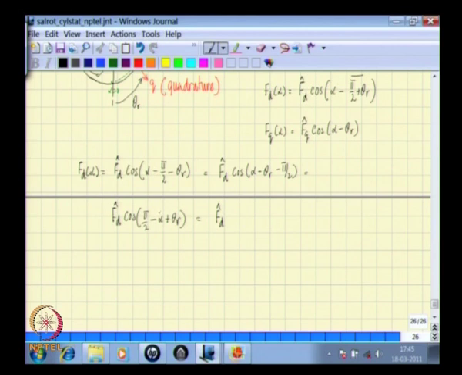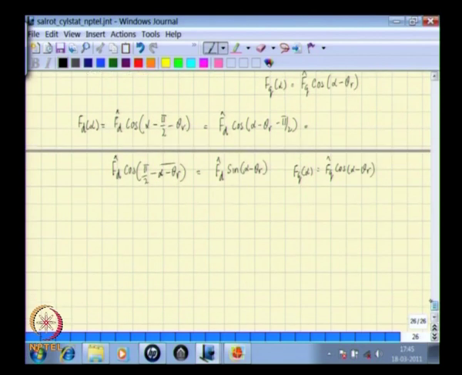So, I can call this as minus of alpha minus theta r, and therefore, this is f d hat into sin of alpha minus theta r. And then what you have is f q alpha is f q hat into cos of alpha minus theta r. So, these are two expressions for the spatial variation of f d and f q.